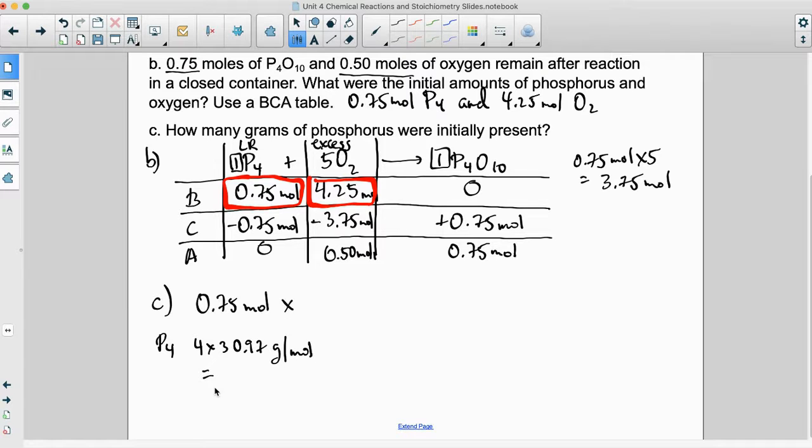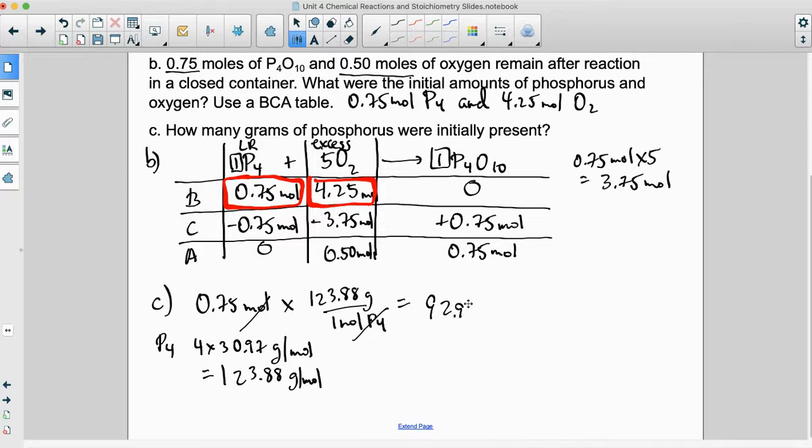And multiplying that out, we have 123.88 grams per mole for P4. So we take our moles times 123.88 grams per 1 mole of P4. And this will give us our grams of P4.